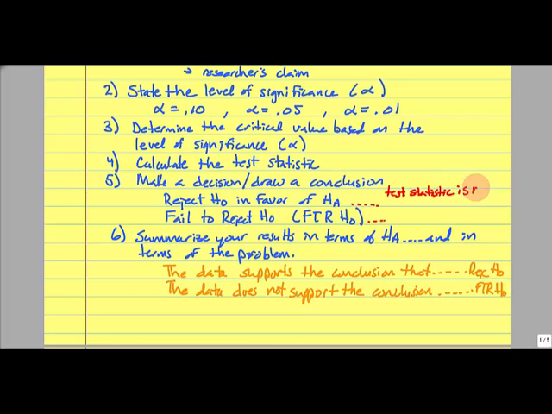is more extreme than the critical value. And I'm going to use CV to represent critical value. Now, fail to reject would just be the opposite then, if the test statistic is not more extreme.